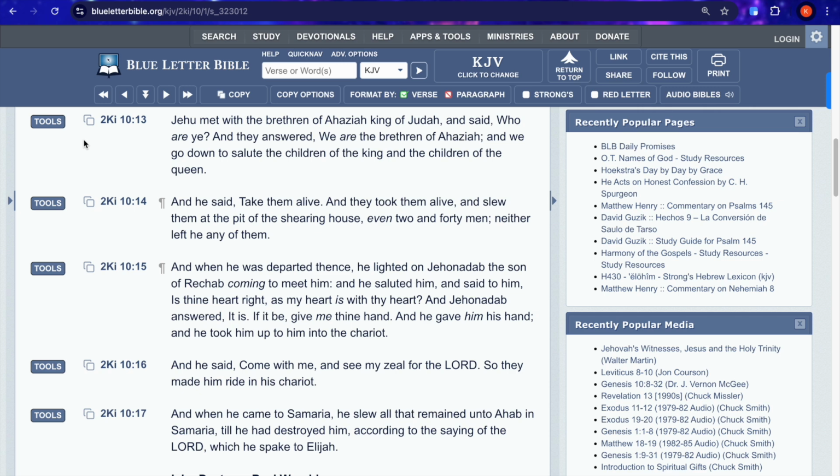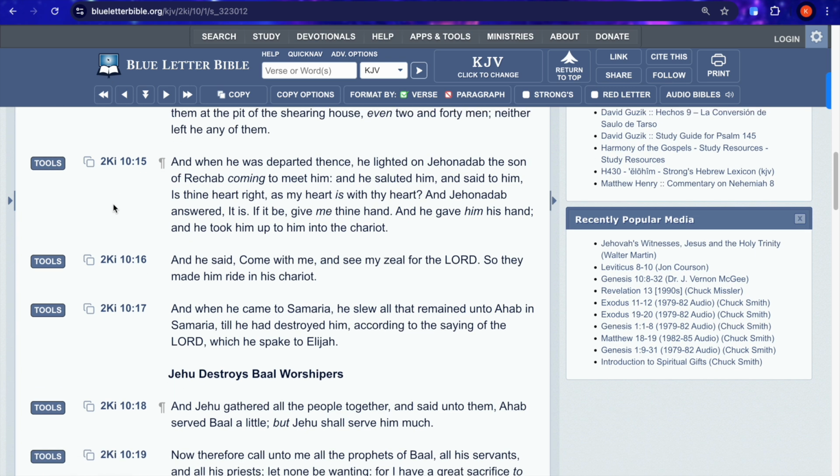And he said, "Take them alive." And they took them alive and slew them at the pit of the shearing house, even 42 men. Neither left he any of them. So he has slain the descendants of Ahab, and Ahaziah is dead, and now his brethren are cooked.